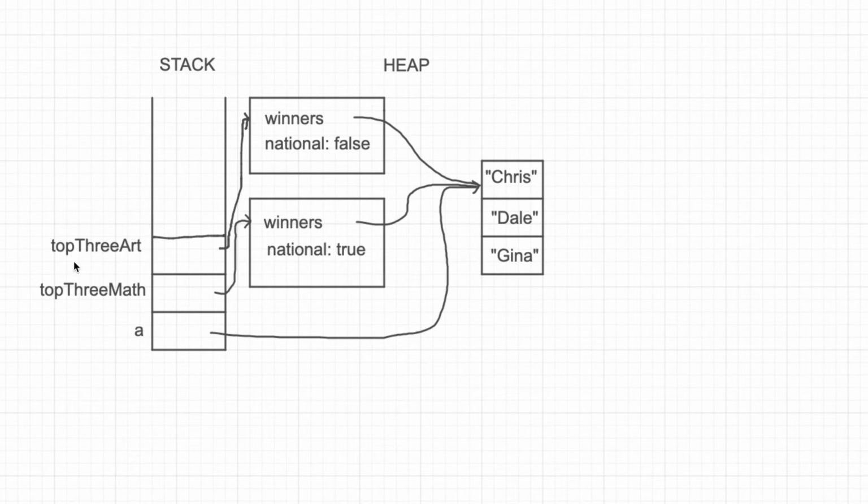And when we printed top3 art, and we said top3 art display winners, it would check what those winners are. It would find those are the winners from this array. It would print Chris, Dale, and Gina.